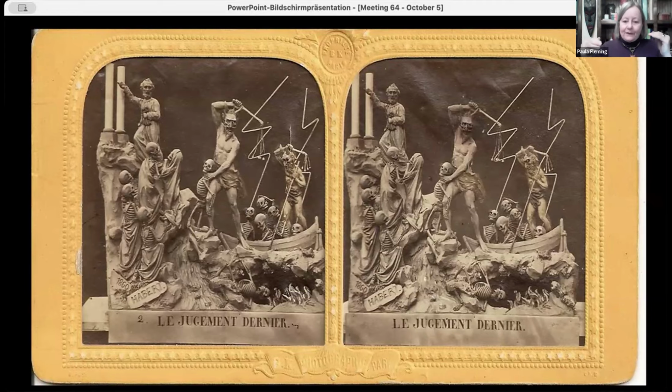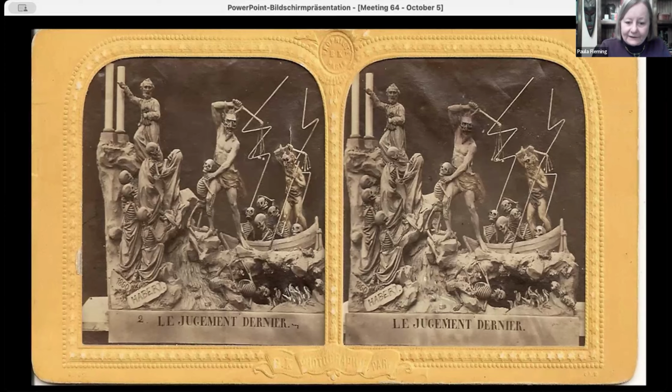We have to remember that these clay figures were only 6 to 8 inches tall. And the fact that they could get that much detail in these beautiful figures is absolutely amazing.